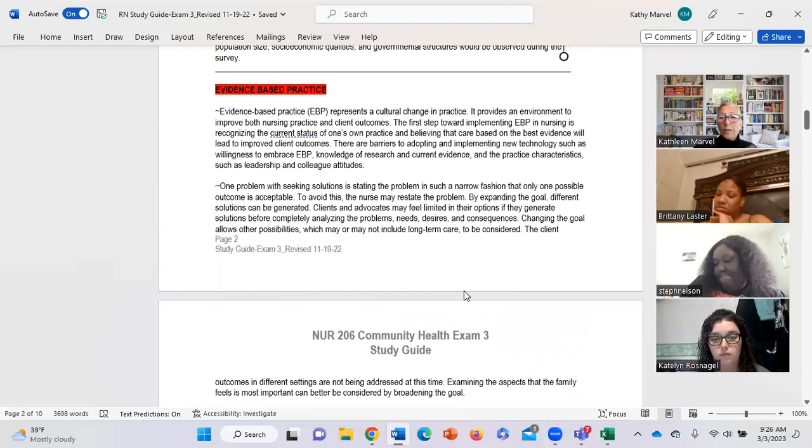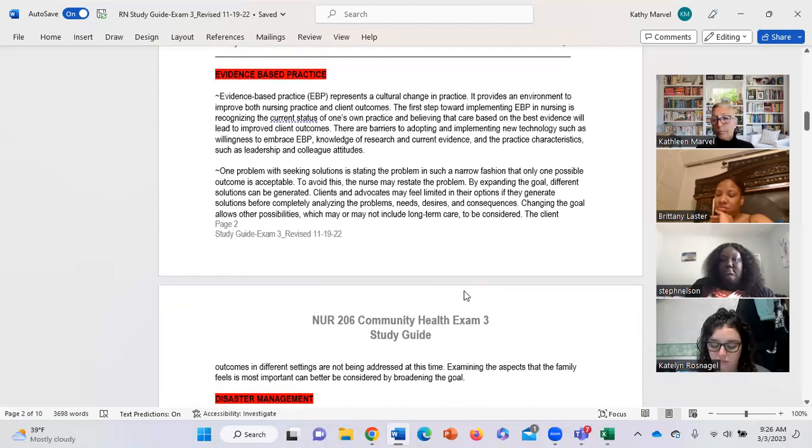Evidence-based practice. What's evidence-based practice? That's part of our nursing profession. It helps to improve things for the nurses as well as our patients' outcomes while they're involved in our care. It's evidence-based. So where's it coming from? Think of how we used to care for a stroke patient 20 years ago versus how we care for a stroke patient now.